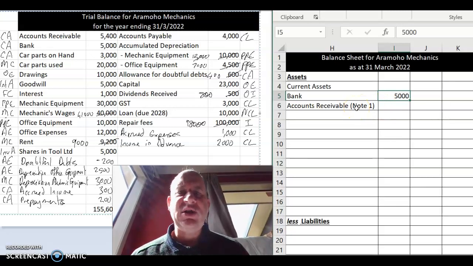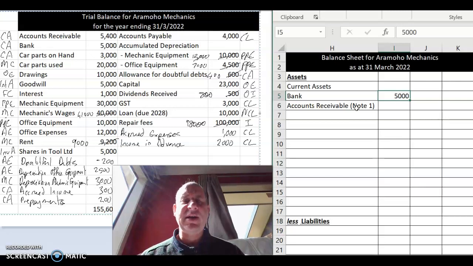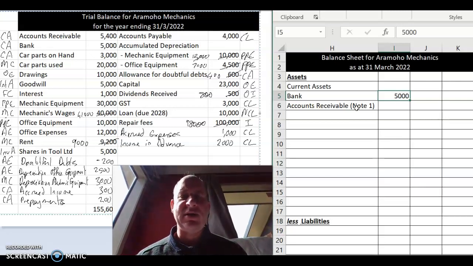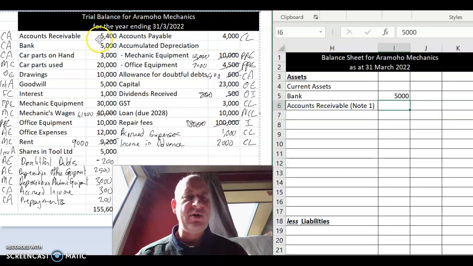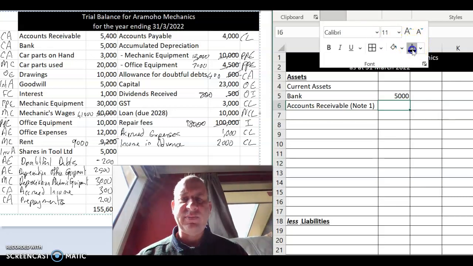But in today's session, I'm not requiring you to do the notes to the accounts. So, note 1, accounts receivable, we have to calculate what that's going to be. So for this figure, we're going to have the accounts receivable figure of 5,400 less our allowance for doubtful debts of 400. So that figure is going to be $5,000. The accounts receivable minus the allowance for doubtful debts.